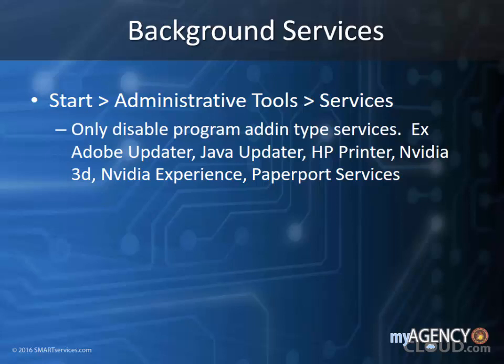What we would look for here is just program type things that we don't necessarily need. There's lots of system stuff here. Fortunately, if it's really a crucial system thing, it won't let you stop them or turn them off. But ones to look for that aren't really needed are like the Adobe Updater, the Java Updater. Those bug us anyway, right? Because they're always prompting us to update, and we would prefer our IT people handle those.